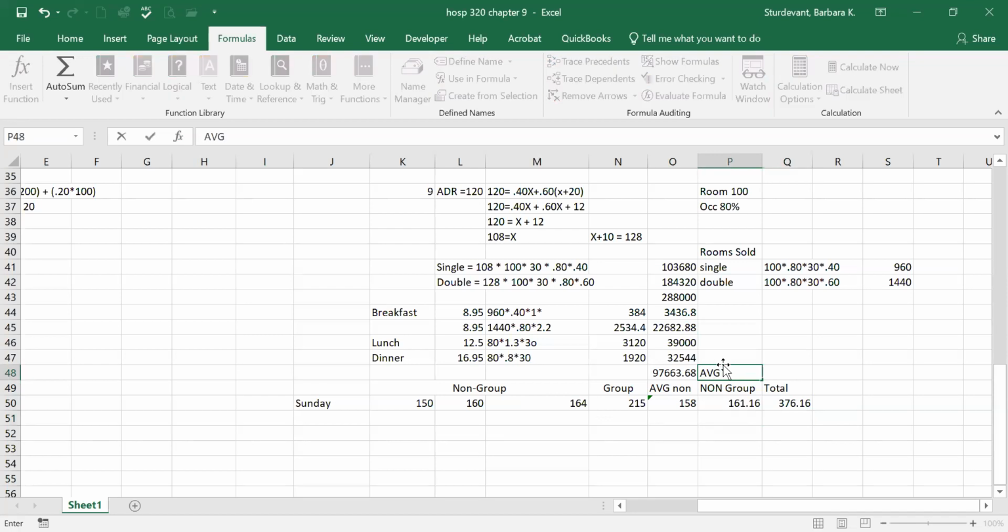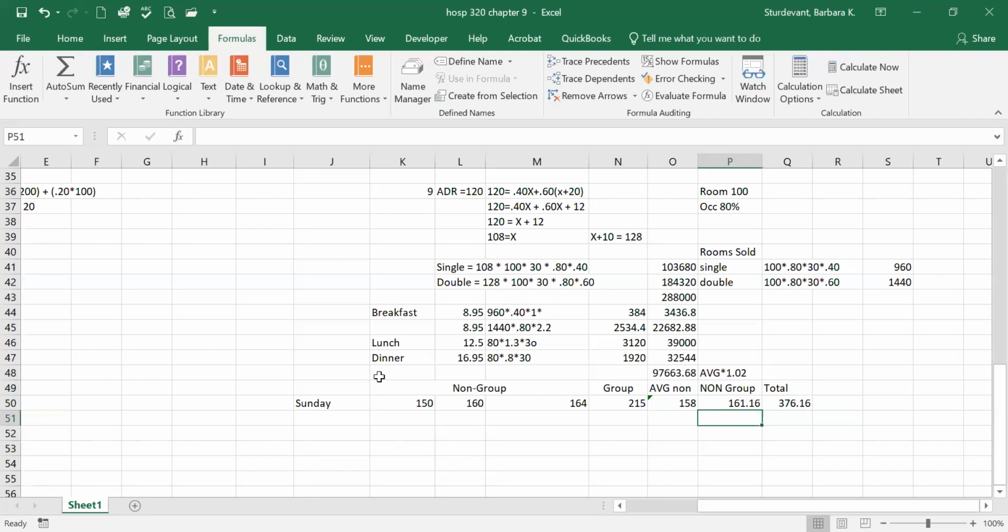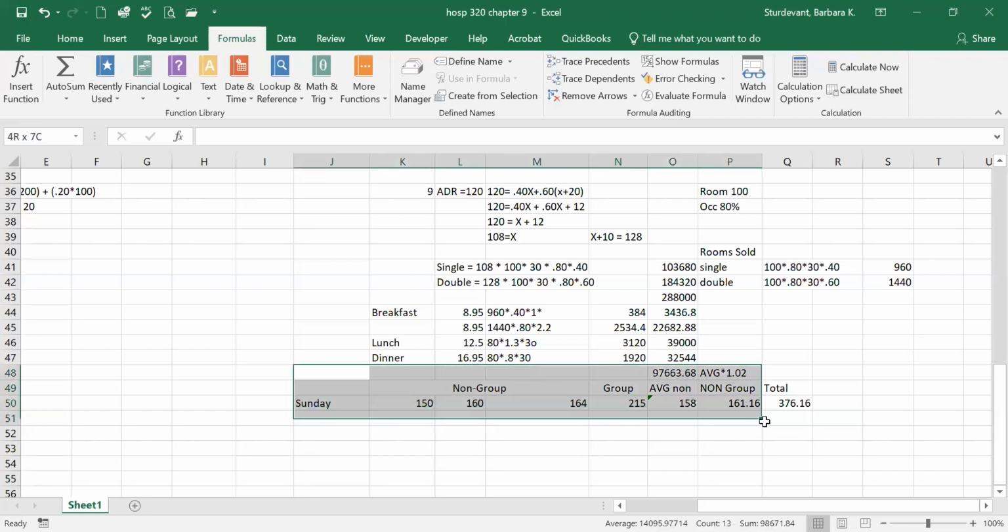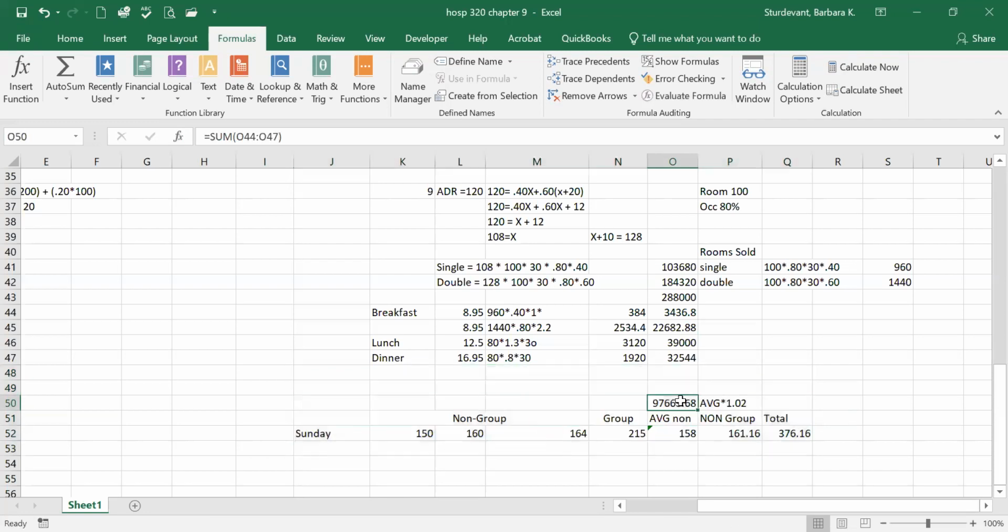So that's your average times 1.02. So it's 2 steps. It's 2 steps. All right, and that's number 16. So 16 is to do and 25 is also to do.